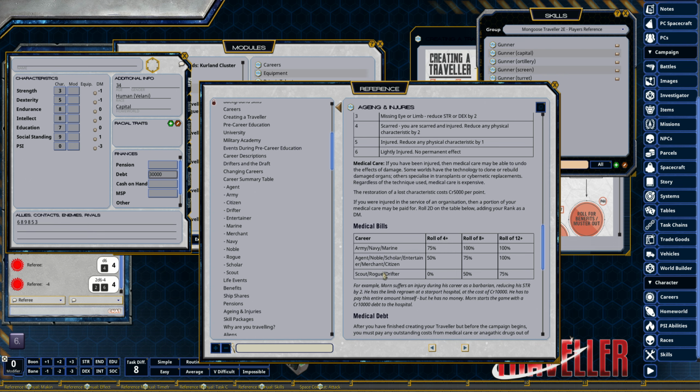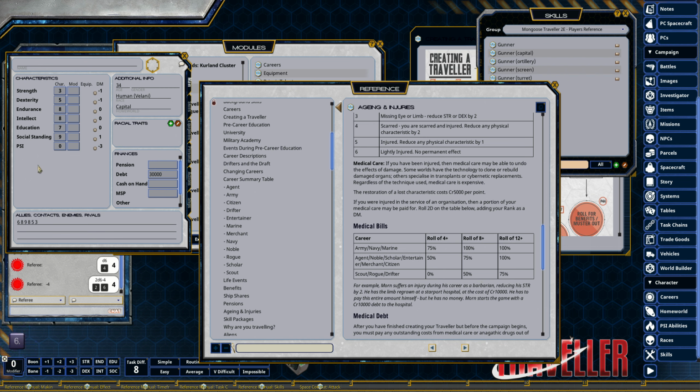But there is a possibility that the pirate that I'm working under will pay some of that cost, and I'm really hoping that they will. I roll 2 dice and add my rank as a dice modifier. Well, my rank was 0, so 2 dice. A 6. It didn't put in the window, but a 5 and 1 is a 6.